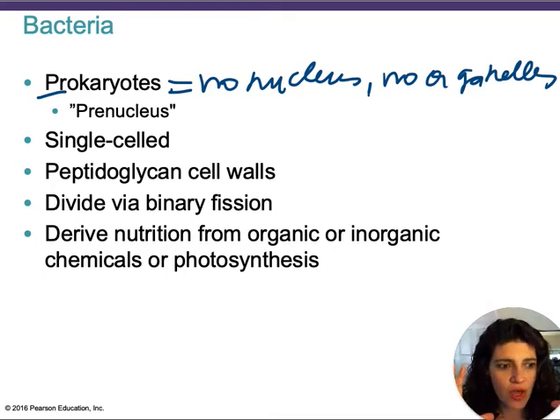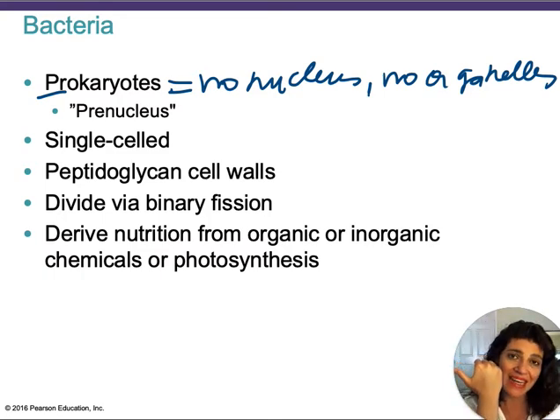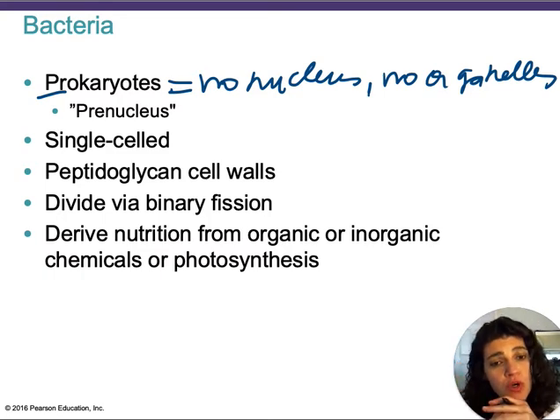They have a cell wall. Cell walls are protection for organisms that don't have skin like we do. When we talk about cell wall, we ask, what is that cell wall made of? That's an important feature to define different groups of organisms.